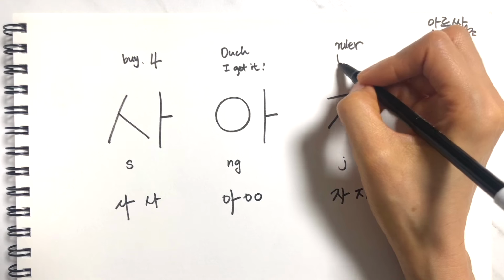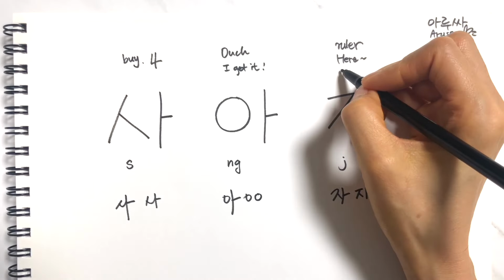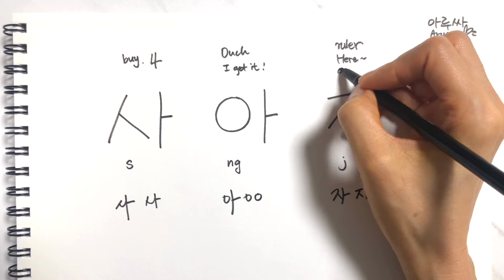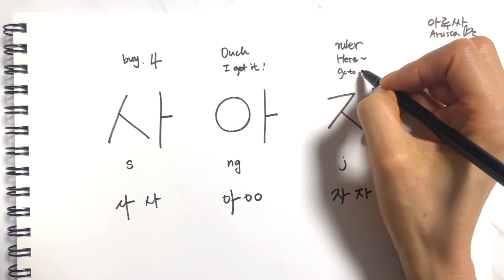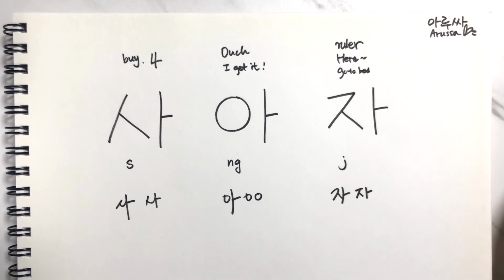Here you are, when you pass something to a person. 자, here. And 자. Go to sleep. Or go to bed. 자. 쉿. 자, just go to bed. Yeah. We are learning more and more expressions with basic consonants.